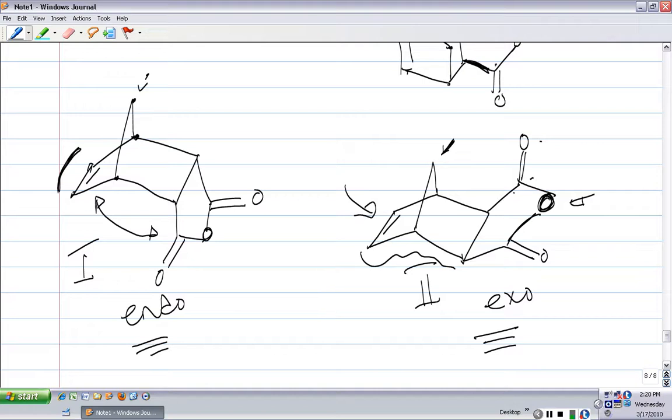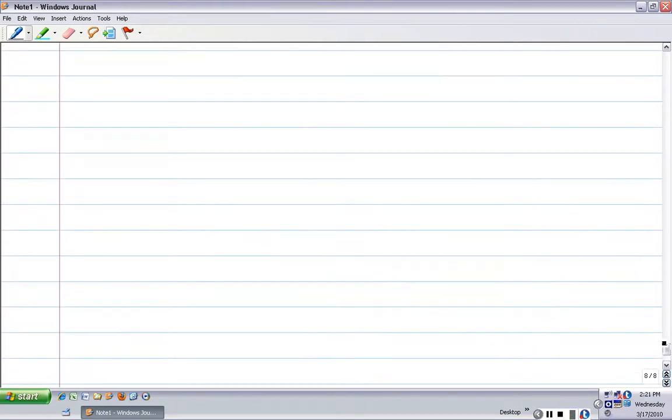The consequence of that is the following. If you look at a reaction profile diagram for formation of the exo and the endo, I can represent it as follows. Let's say that this is the energy level for my diene and my dienophile. Okay?